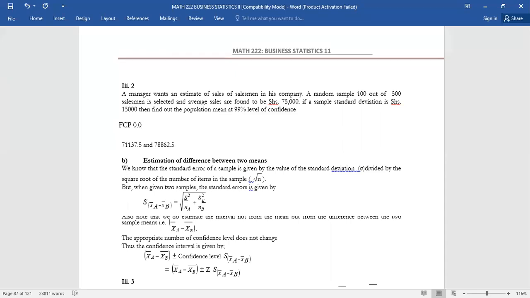So we are going to divide by 99, right? So what do we get? If you get the total square root, so what is our estimator? What's the value?